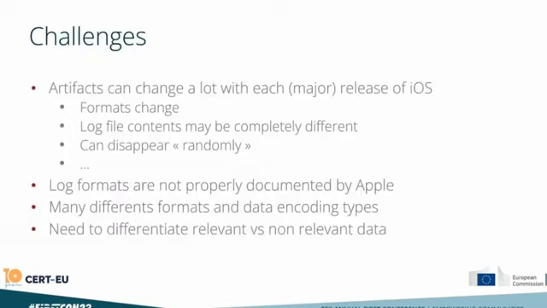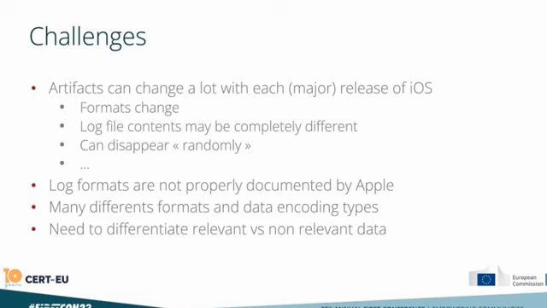So now, challenges we have identified with all this. The first one is, as I said, artifacts tend to change heavily from one version to another. So we need to actually adapt to this. Documentation from Apple is by default not super good or super detailed. That's already the case for the APIs when you want to develop.